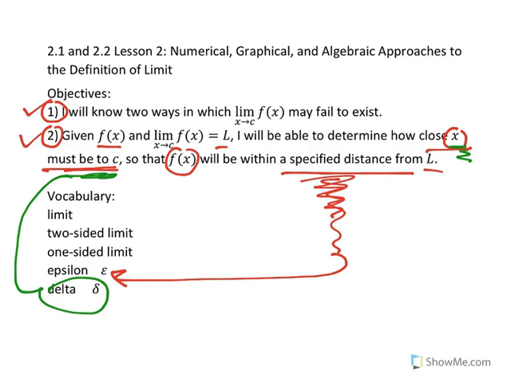And that 0.5 was the epsilon value, and the delta value that we found for how close x has to be to 3, that was 0.25, and that was the delta value. So now we'll look at a second example for the same objective, same instructions.